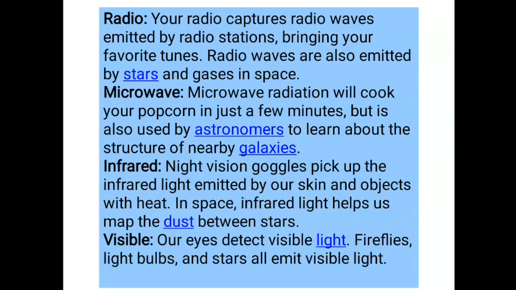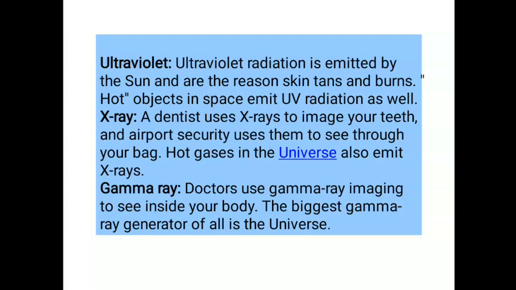Infrared, night vision goggles, they pick up IR radiations which are emitted by our skin and objects with heat. Next, visible, our eyes are able to detect only visible spectrum, means different colors, different types of lights. UV, ultraviolet radiation, it is emitted by the sun, and of course it is responsible for the tanning of the skin or the skin burns.